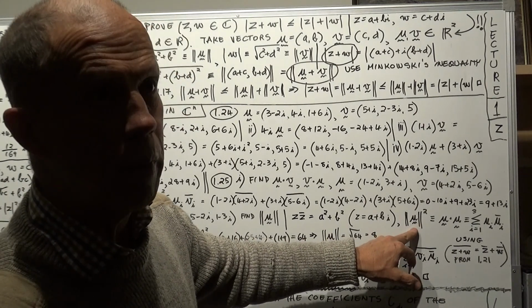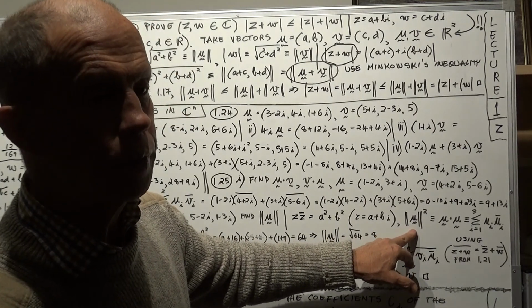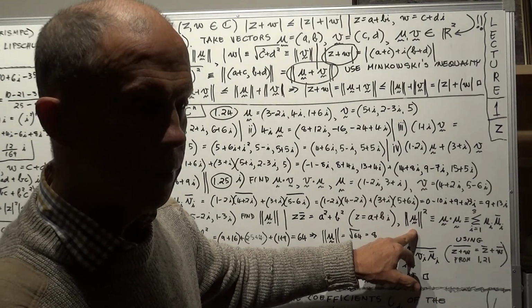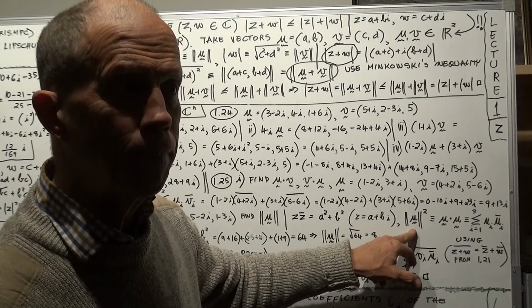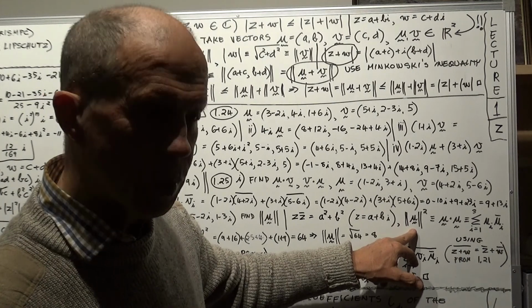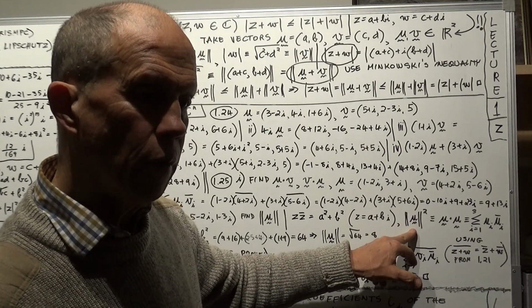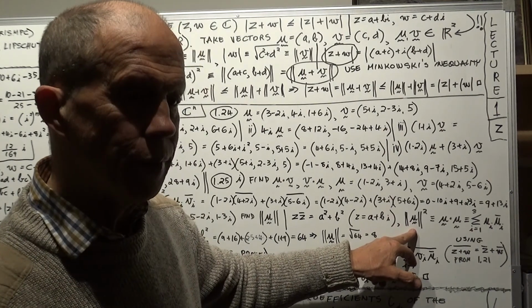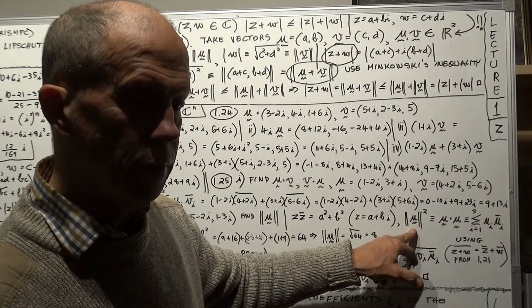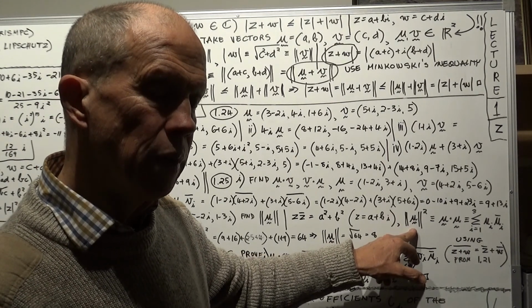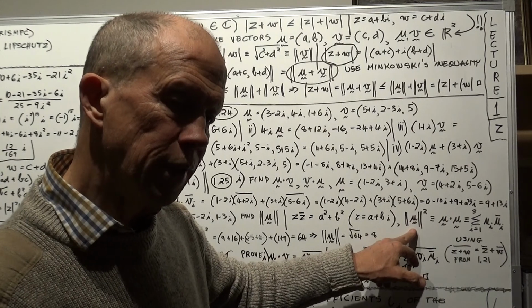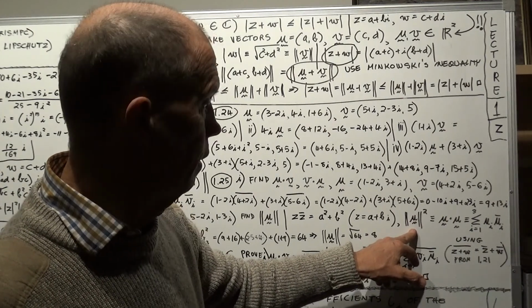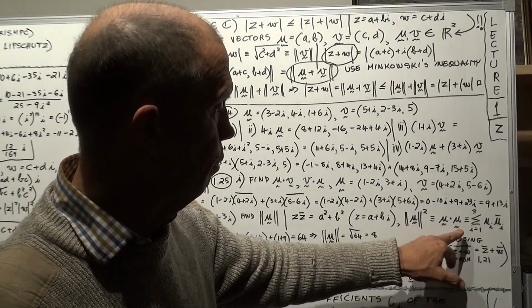The norm, remember, is the square root. The norm of a complex vector is the square root of the dot product of the vector with itself, but the second one is conjugated. So here's the dot product.